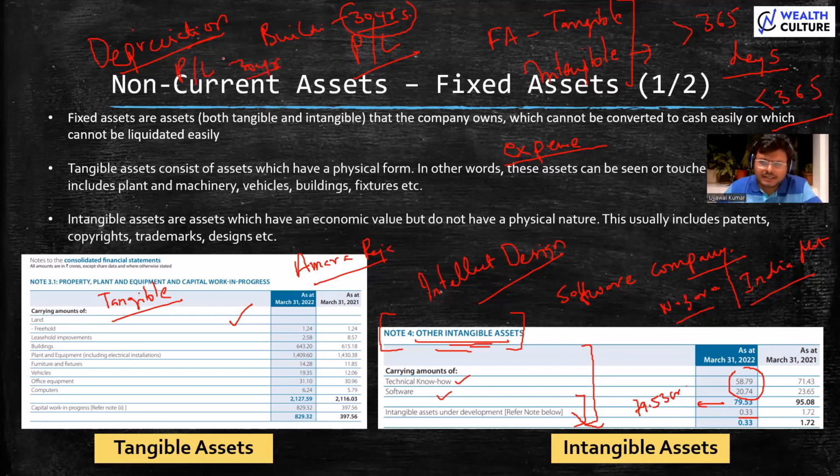You can do a straight line depreciation, you can do an accelerated depreciation, whatever. That's a discussion for some other session, and mostly for the accountants to figure out. But basically, that's how depreciation comes. It comes because you have assets on the balance sheet. If you don't have assets on the balance sheet, then there will be no depreciation. As simple as that. So that's the fixed assets bit.